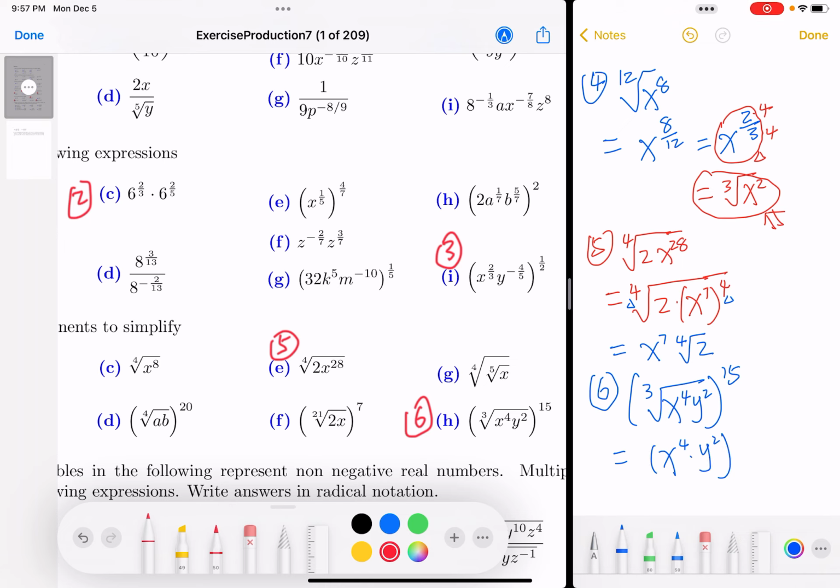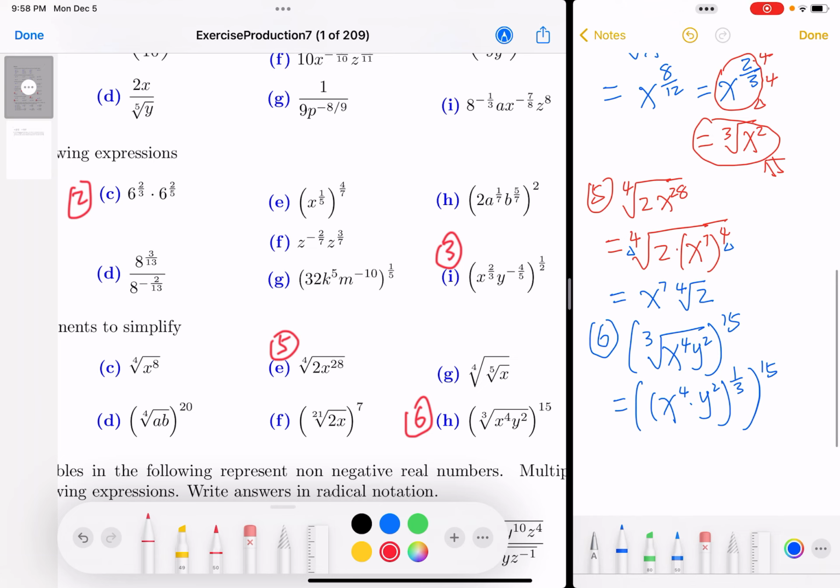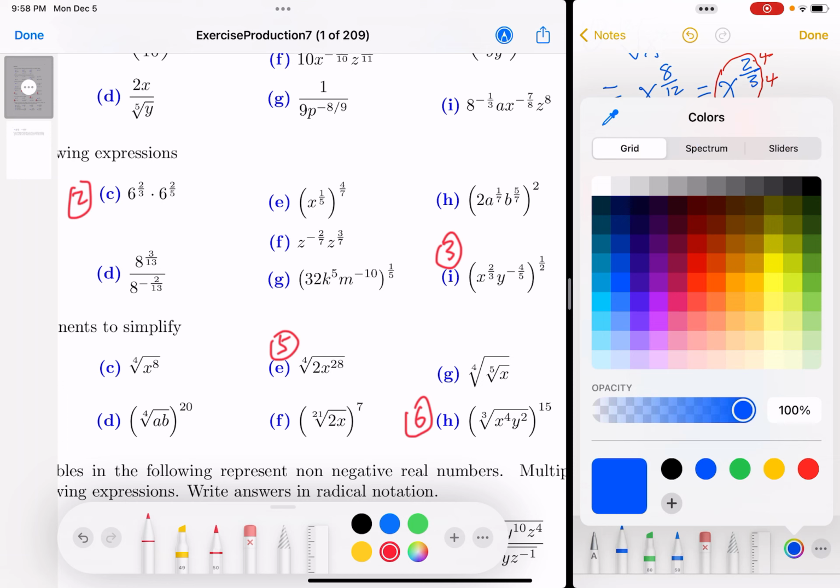You choose cube root as exponent 1/3, and then you have a 15. Now, between 1/3 and 15, there's multiplication, times 15.